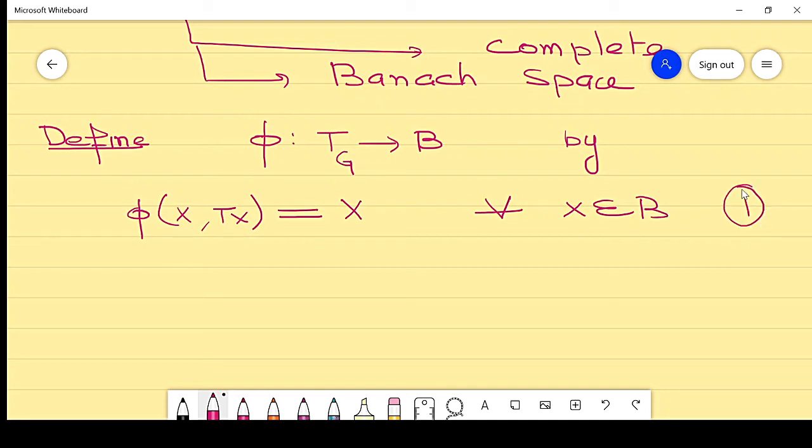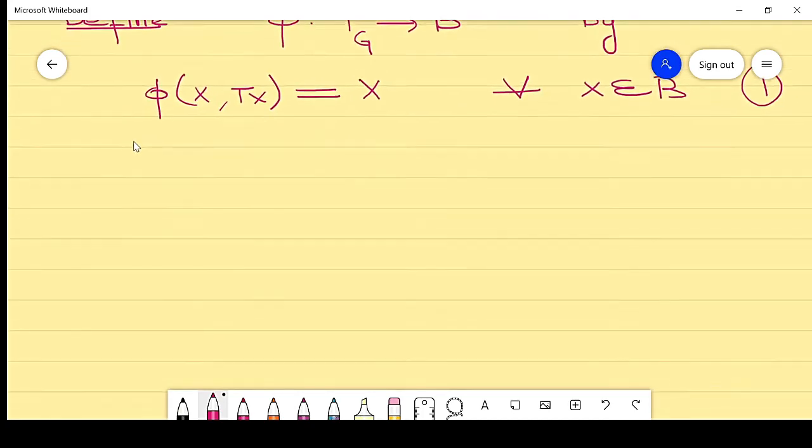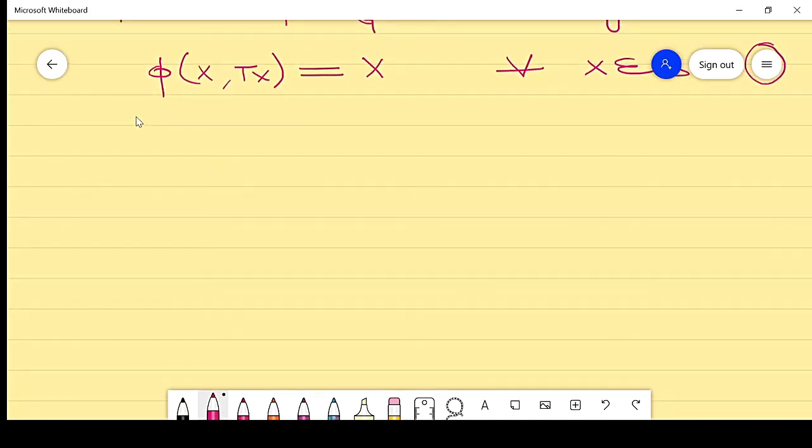Now my aim is to prove that it is a bounded linear transformation. So first of all, I will prove it is a linear transformation.